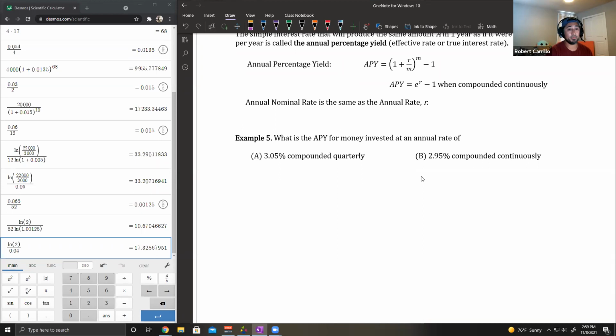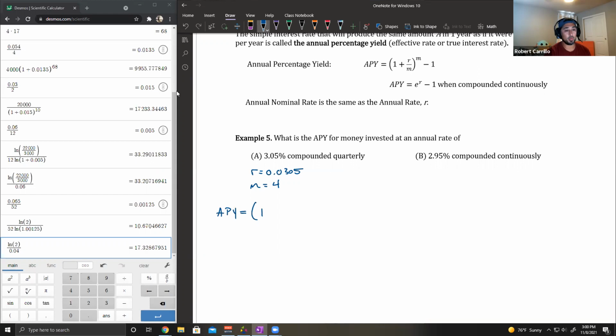So for A, you are compounding quarterly. So we're using that first formula above. So things that are given are the rate, which is 3.05%, so 0.0305. And you compound quarterly, which we saw that there are 4 quarters in a year. Okay, so put it together.